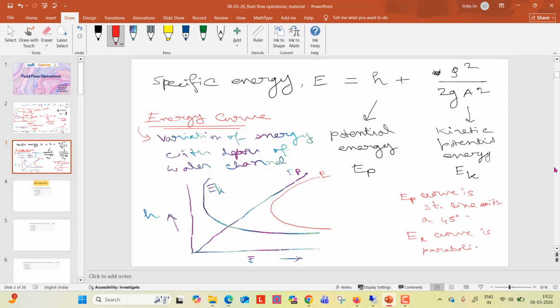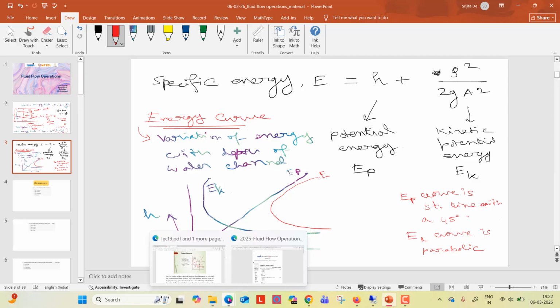Some kind of MCQ can come on how the potential energy curve and the kinetic energy curve vary. Combining these two, you will get the actual specific energy curve.